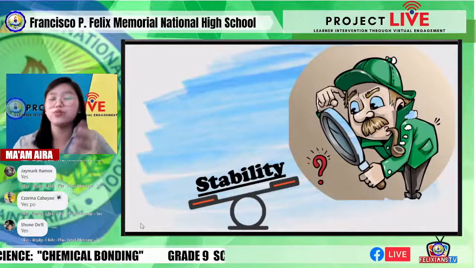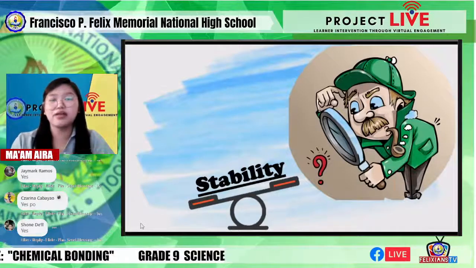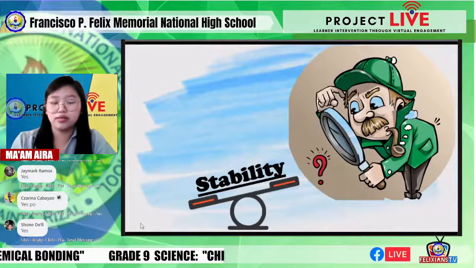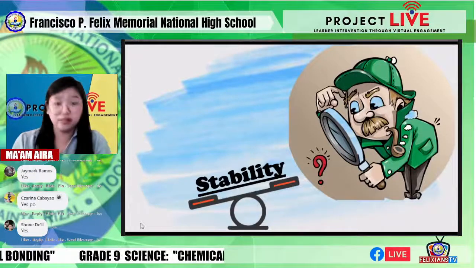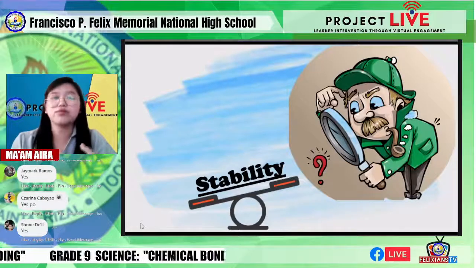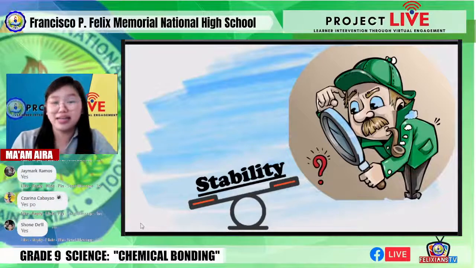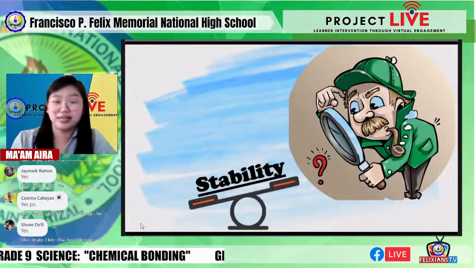So they have to have 8 electrons on their valence shell to be said to be stable. Now, atoms of all elements, for them to become stable, have to contain 8 electrons, or 8 valence electrons. That is for their stability.